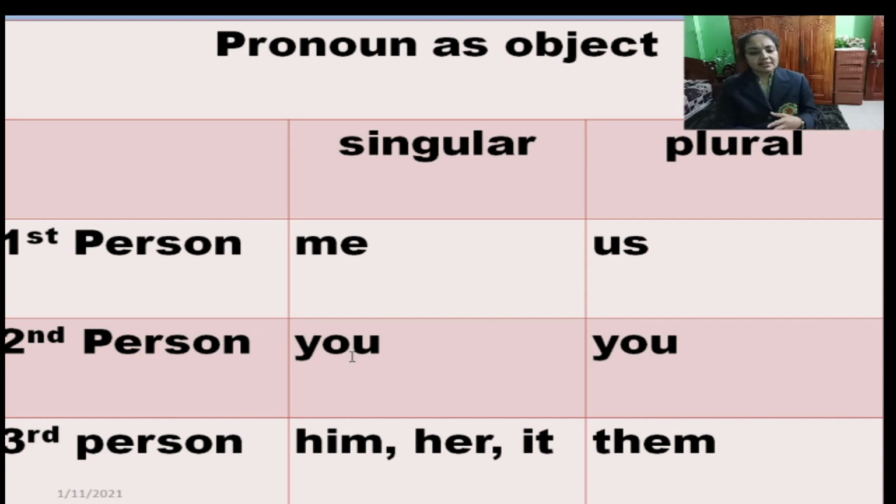In third person, in subjective form, we have he, she, or it. He changes into him, she changes into her, and it remains the same. But in plural, as subjective form, we got they. But in objective form, they changes into them.